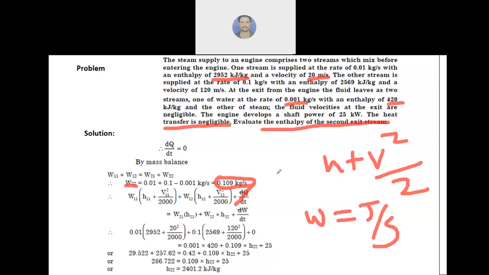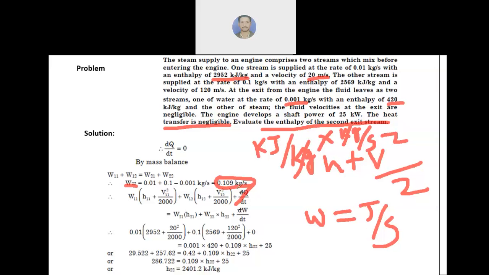How will you get it? See, this unit is kilojoule per kg. Now if I multiply with this mass flow rate, meaning kg per second, what will happen? The kg will cancel out. We are left with kilojoule per second, and kilojoule per second is nothing but kilowatt.